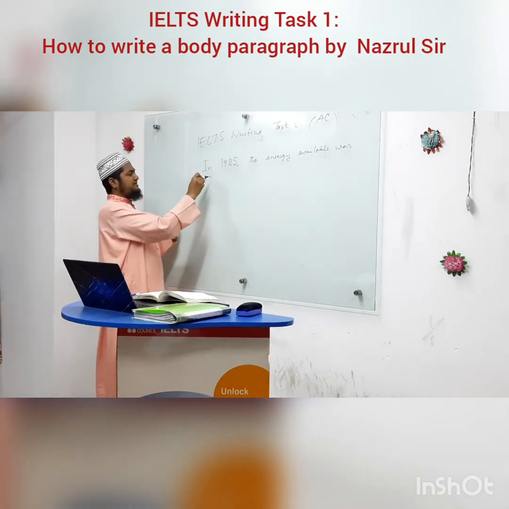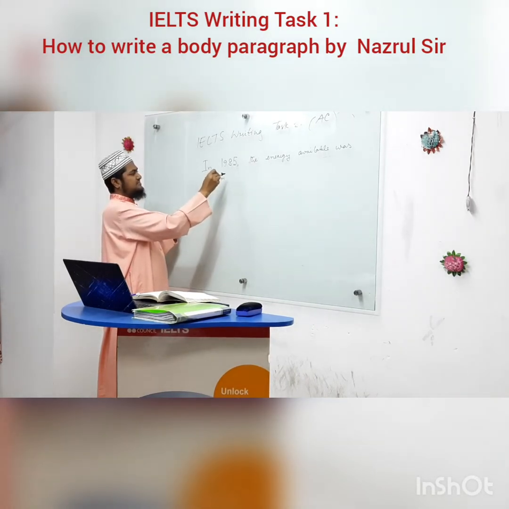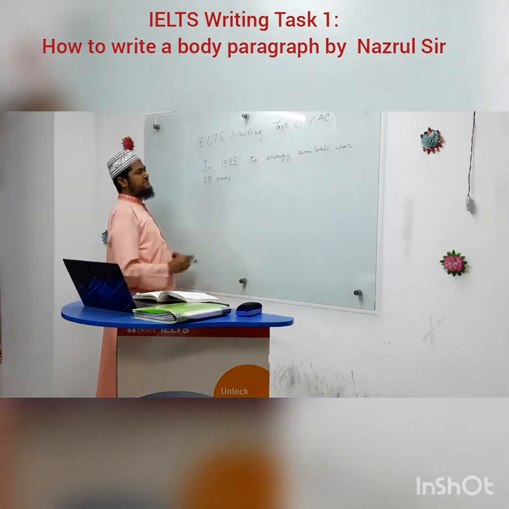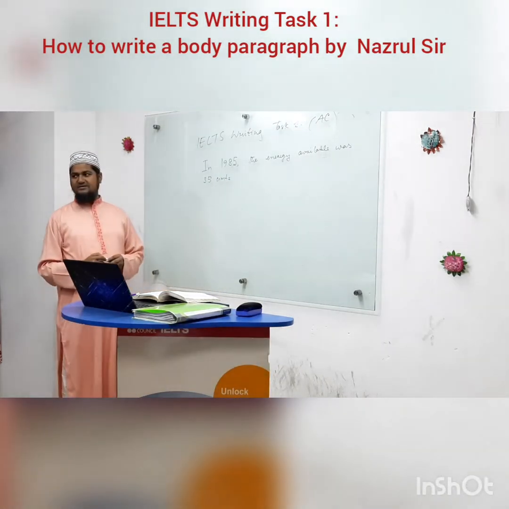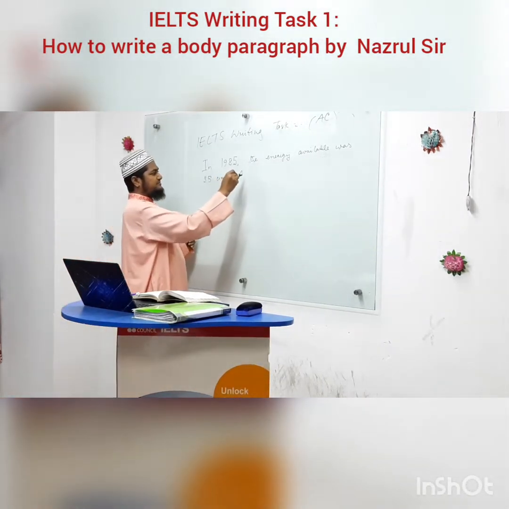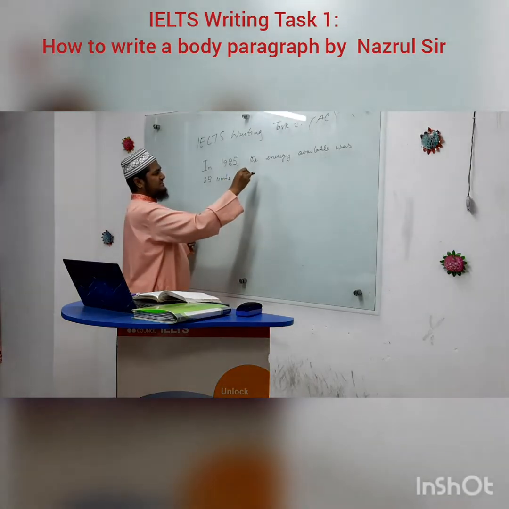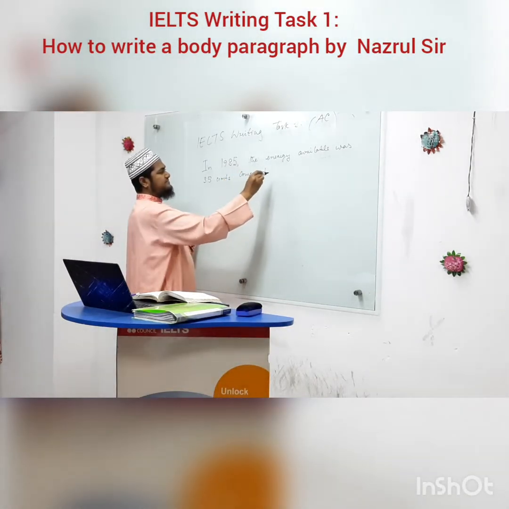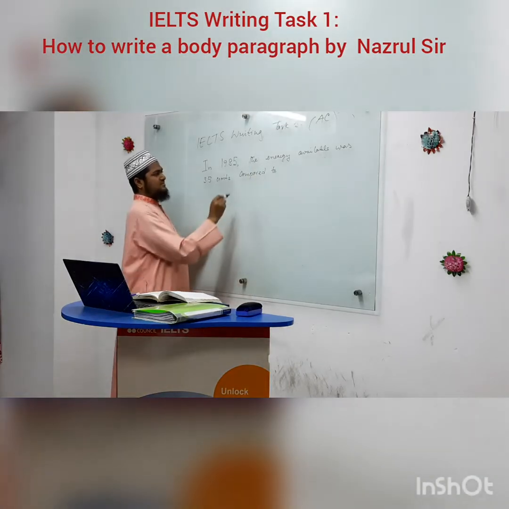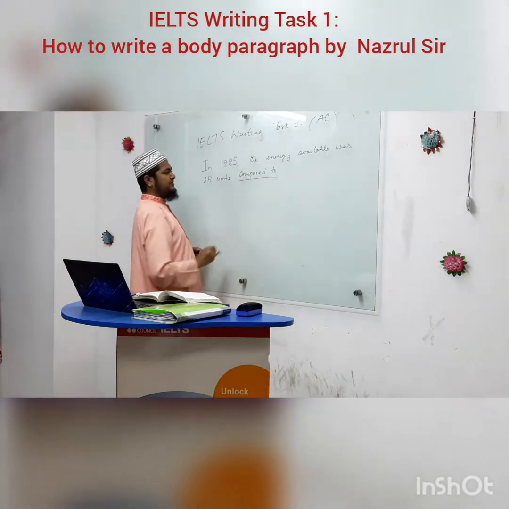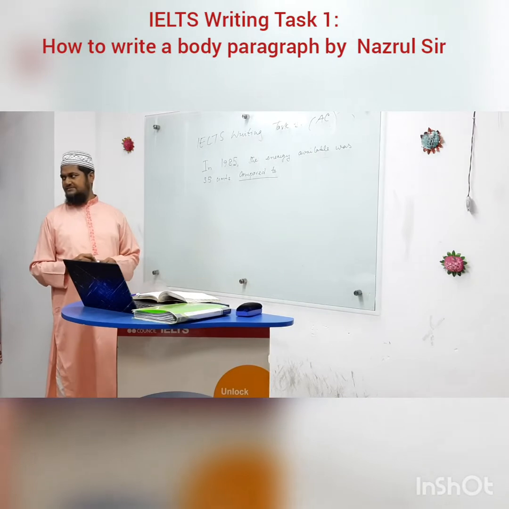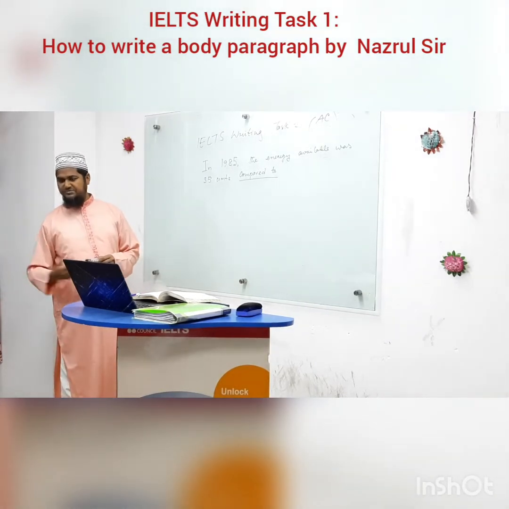3.5 units. See, we are comparing at the beginning. Compared to. This is a comparing phrase to make comparison. Compared to, you must remember.